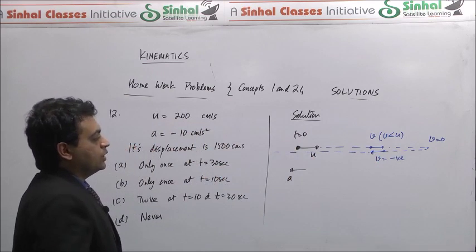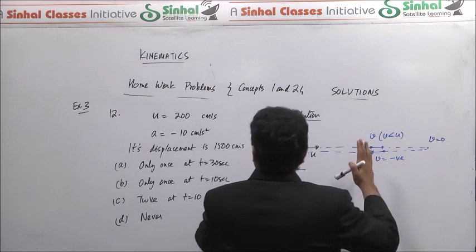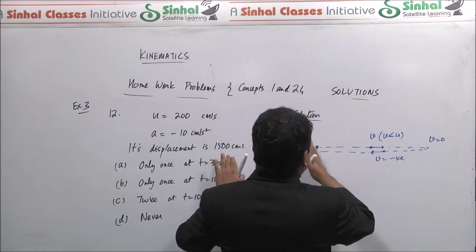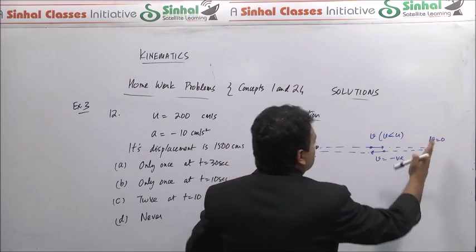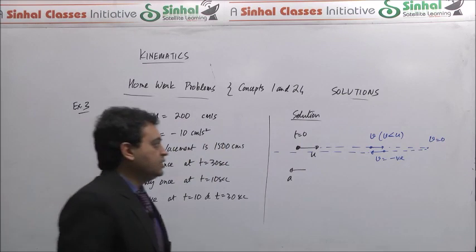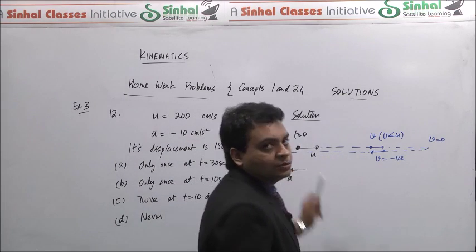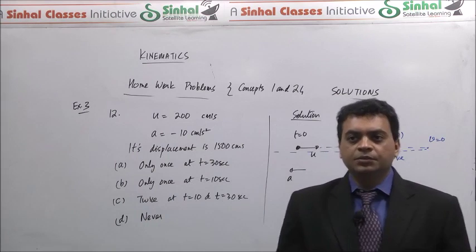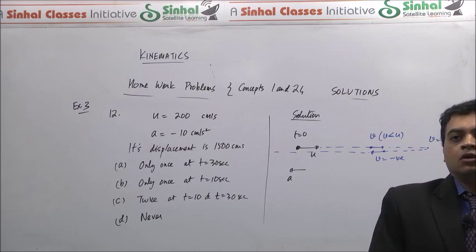Okay. So now we have to just see whether 1500 centimeters falls somewhere here or somewhere here or exactly here. Depending on that, we can see whether it will be having a displacement of 1500 centimeters from the initial point on multiple occasions, or basically 2 occasions, or on just 1 occasion.